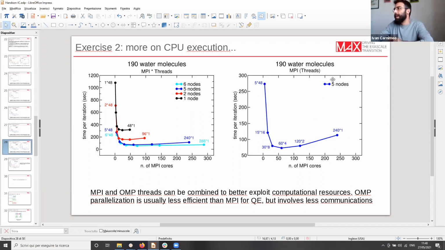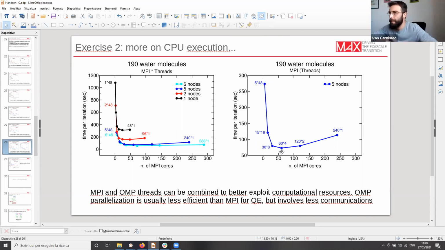This is a full OpenMP calculation, which means 1 MPI process per node, 5 MPI processes, and each has 48 threads. This is a full MPI calculation, but the best option in this case is this one, 60 MPI processes and 4 threads per process.